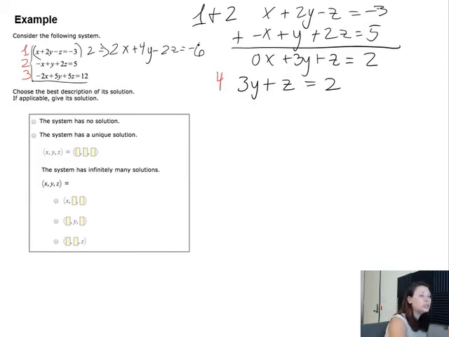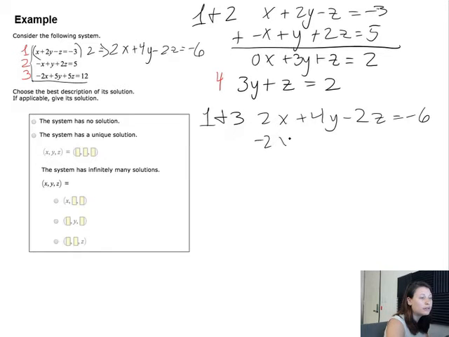So the next thing we'll do is kind of the new version of 1 and 3 together. So that is 2x plus 4y minus 2z is equal to -6, and -2x plus 5y plus 5z is equal to 12.